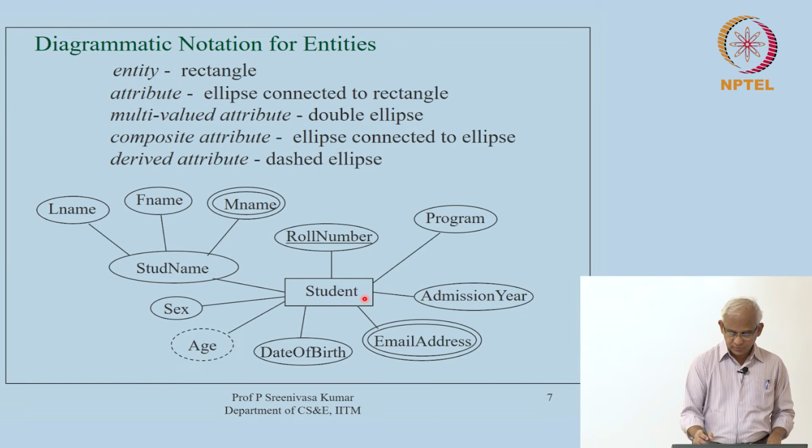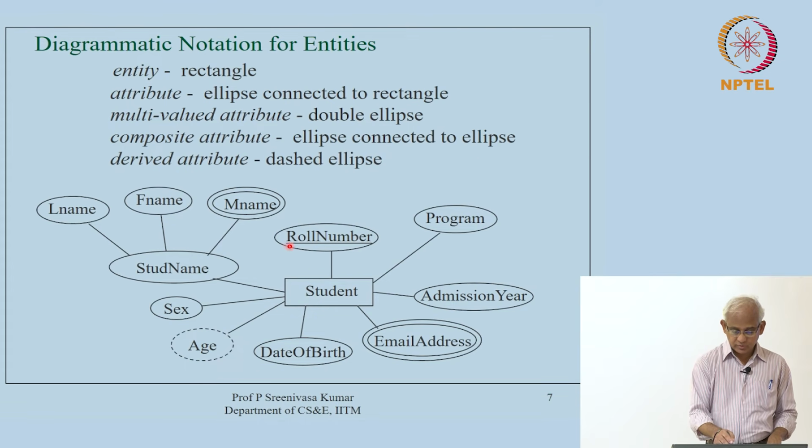Then we have this simple email address, but it is multivalued. So, it is simple multivalued. Here is a composite attribute, one of its components is multivalued, okay, and here is date of birth, which is a simple attribute.